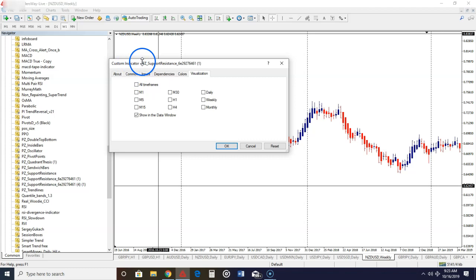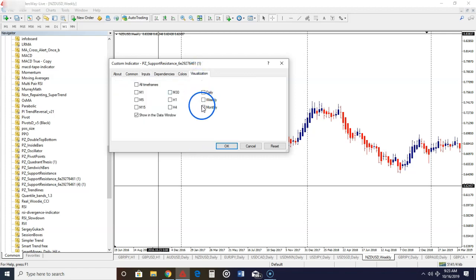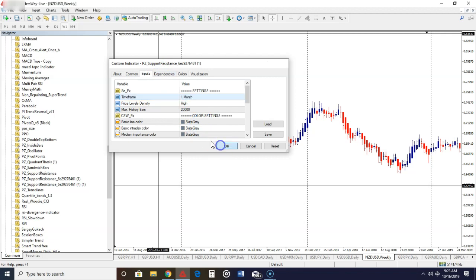Since I'm on the weekly time frame, I want the monthly support and resistance levels loaded onto the chart. I'm sorry, I did that wrong. Monthly high, and I want to be able to see it on the weekly. That's how you do it. Hit OK.